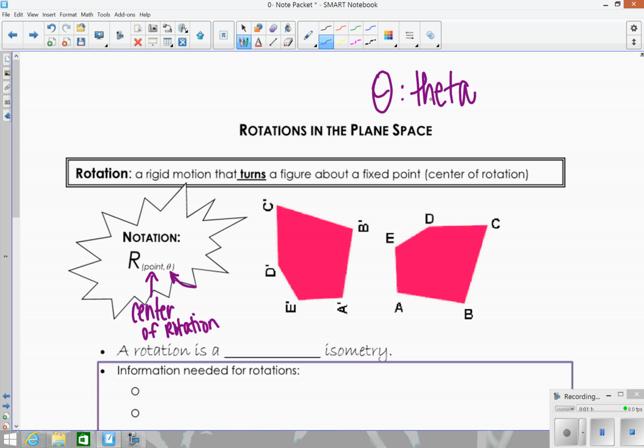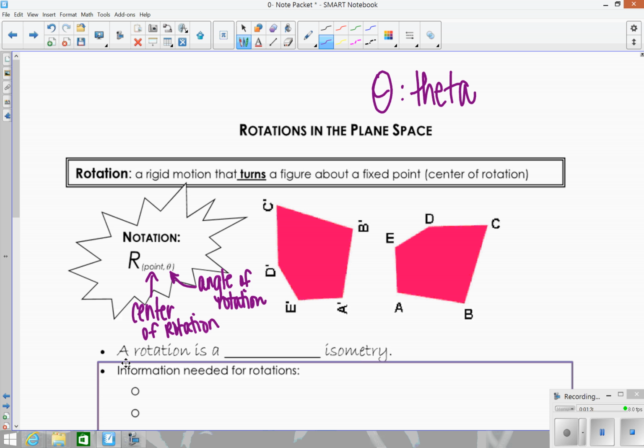So it's just a variable, so no worries. It looks a little bit weird, but it's just a variable. So this is going to be your angle of rotation. And then the other thing we'll have to know is the direction, which will be specified, or we'll know depending on if the angle is positive or negative. And we'll talk about that in a minute.